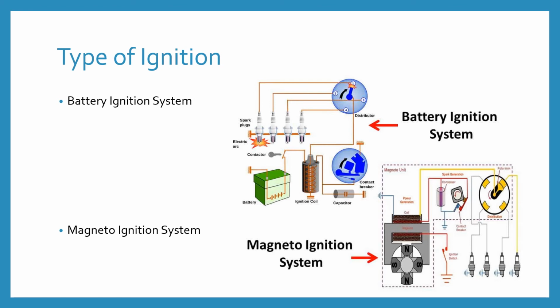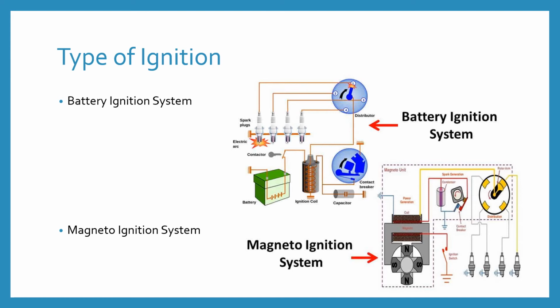Next is types of ignition. The spark ignition engine, or SI engine, requires an external source of energy for the initiation of the spark during the combustion process.